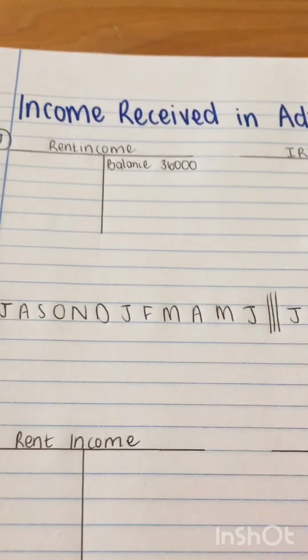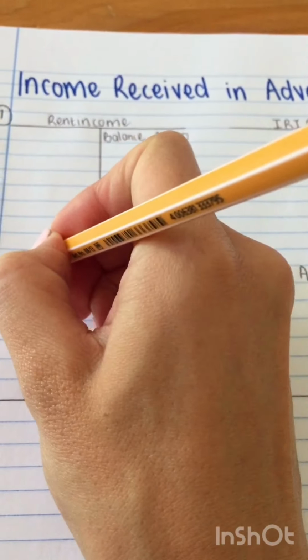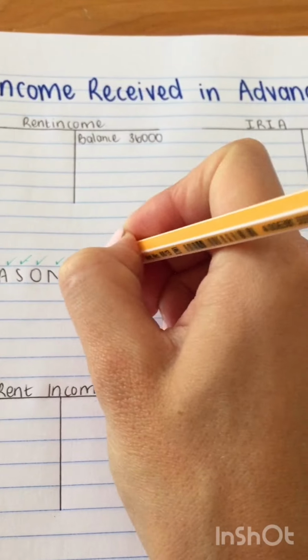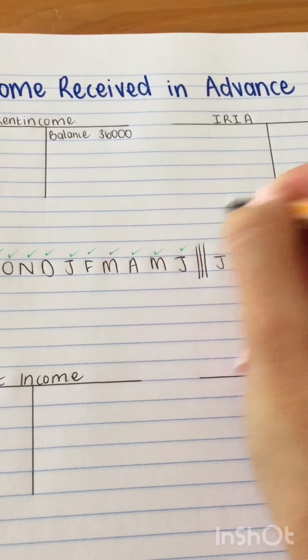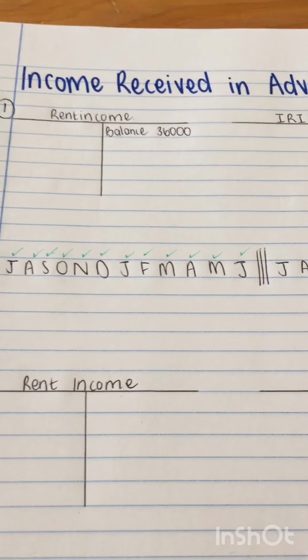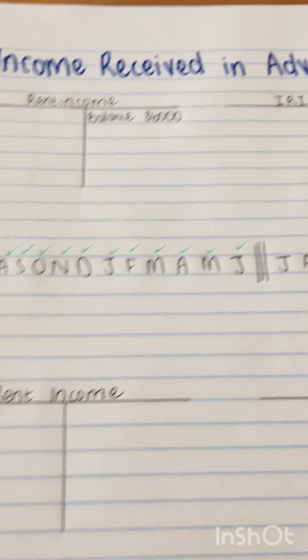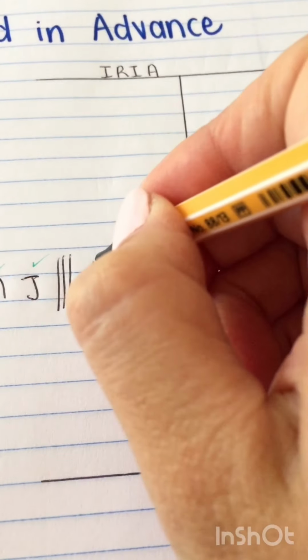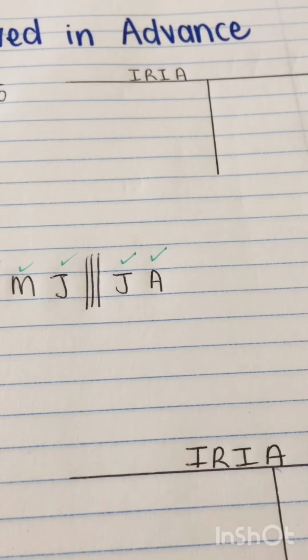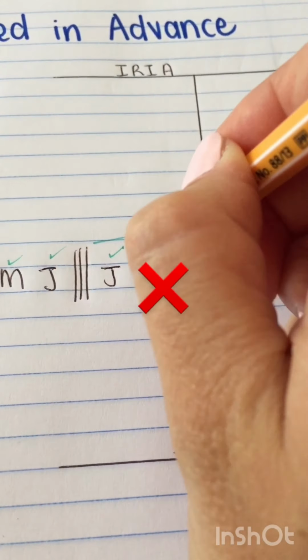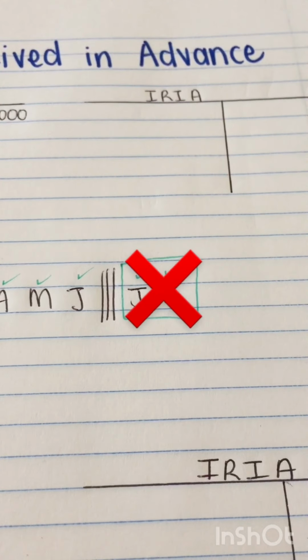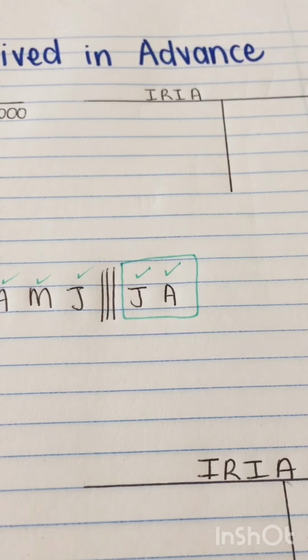So I can technically go and tick every month this year because I've received the rent for every month. Great, I've received it for 12 months and that is what I want. My issue is I've received July and August as well. I do not want July and August in my books.